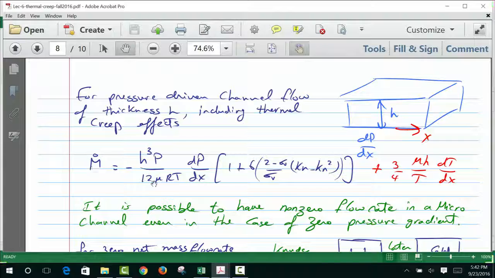It's the mass flow rate because you got rho over here. So P over RT, that's rho. So h cubed over 12 mu dp by dx, that's the volumetric flow rate, and because of the P over RT, that's the mass flow rate now. So m dot is the mass flux. It's the kilograms per second going through this channel. Okay? Make sense?